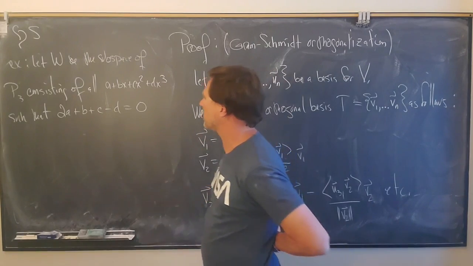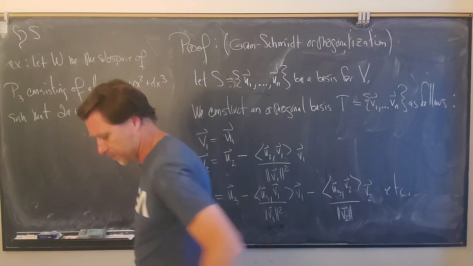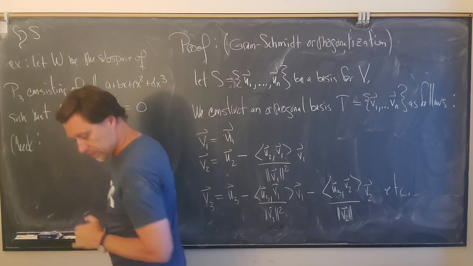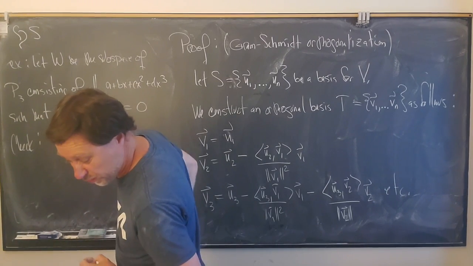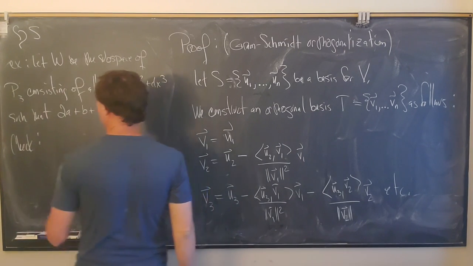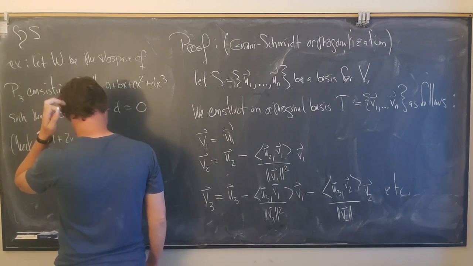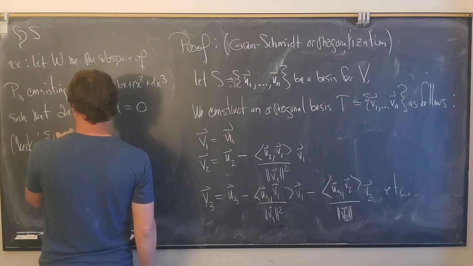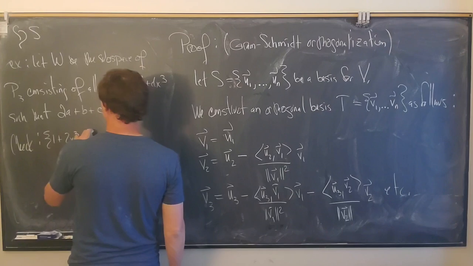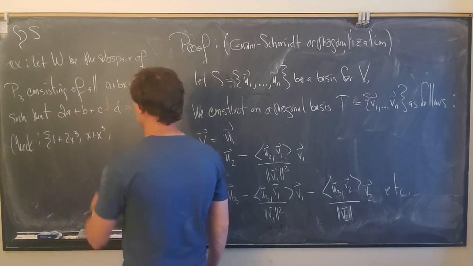You can check that this is a subspace, and I'm just going to write down the answer for a basis here. You can check that the following set of polynomials is a basis. This is a three-dimensional subspace, so it'll be 1 plus 2x cubed, and x plus x cubed, and x squared plus x cubed.